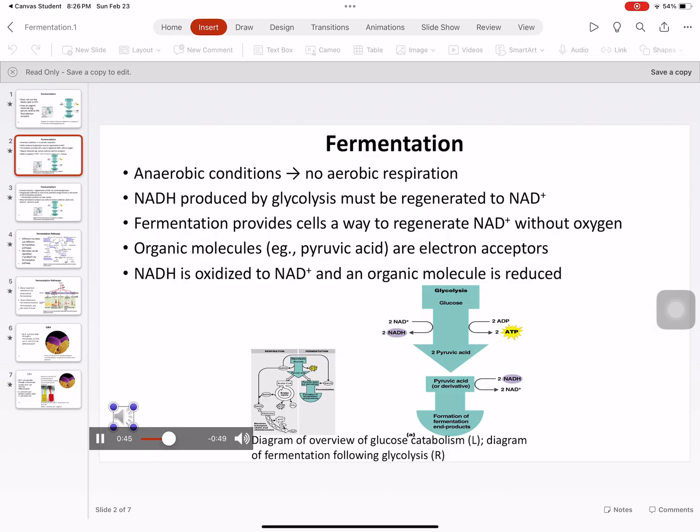In fermentation, organic molecules such as pyruvic acid or a derivative of pyruvic acid are going to be the terminal electron acceptors.